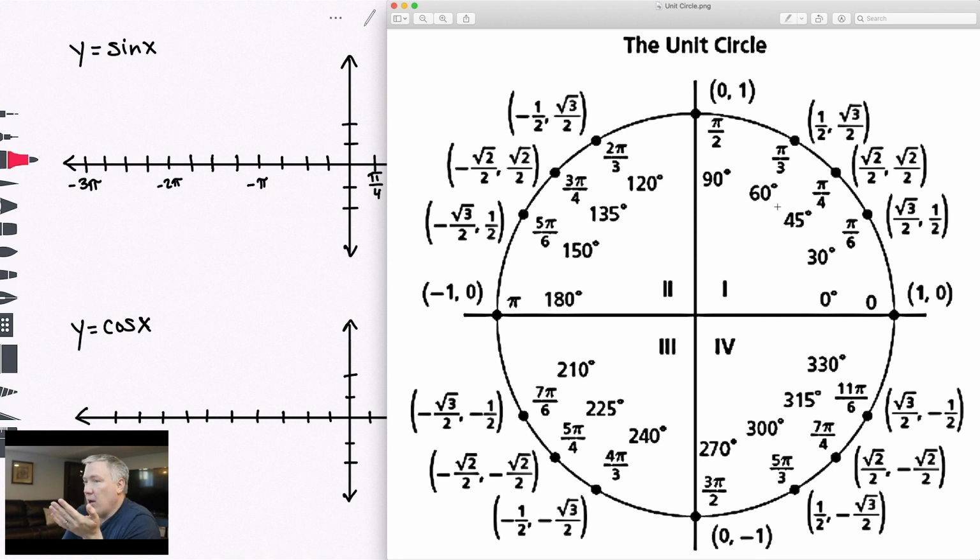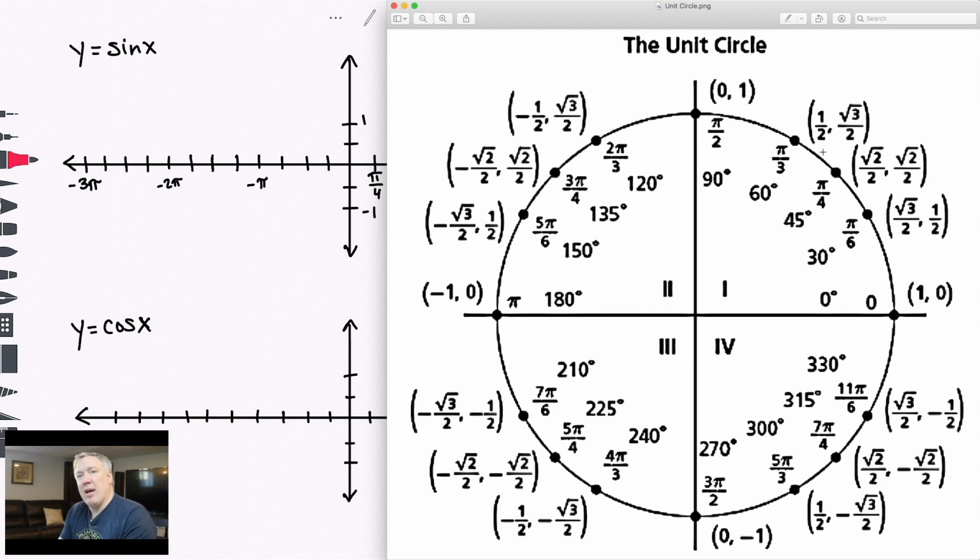So my output is no less than negative 1, no higher than 1. So the top here, I'm going to put 1. And the bottom, I'm going to put negative 1. And I have nice half marks because I notice there's half that shows up a bunch, so maybe I want to be able to use that. So there we go. I've set up my grid.